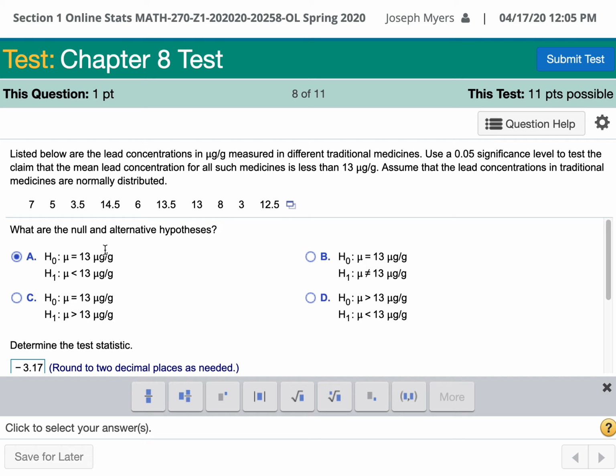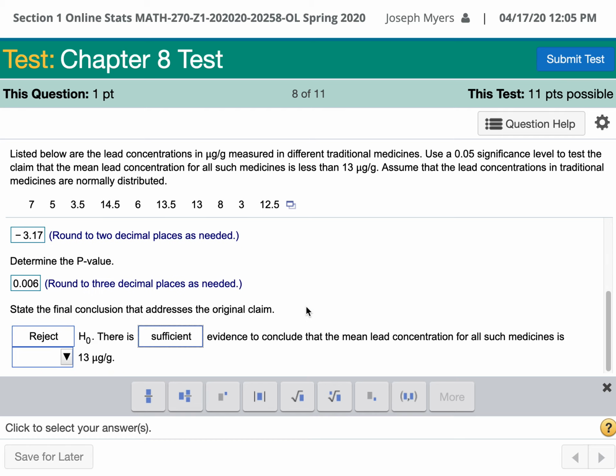So when you reject the null, that means you conclude that this one has evidence for it. So we're going to say there's sufficient evidence to conclude that the mean lead concentration for all such medicines is less than 13.